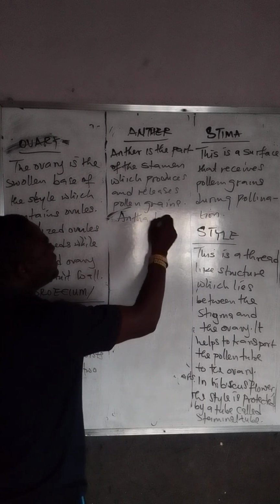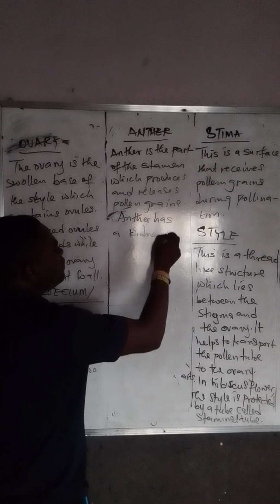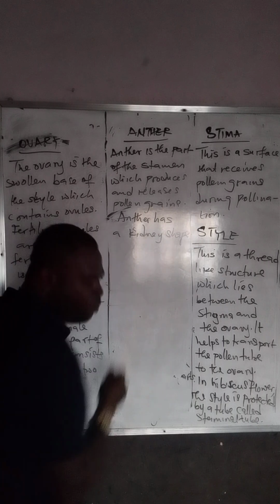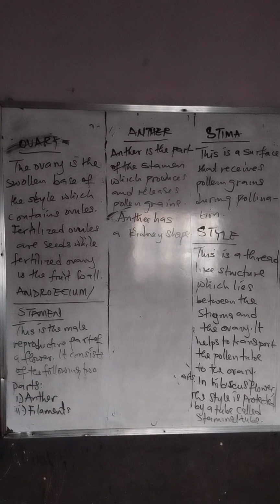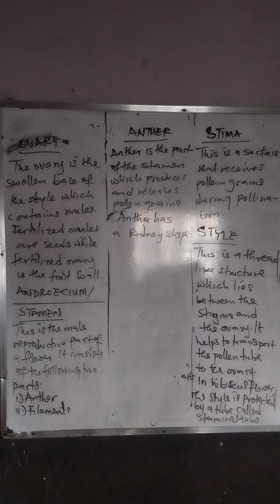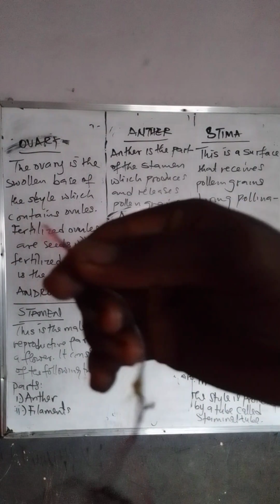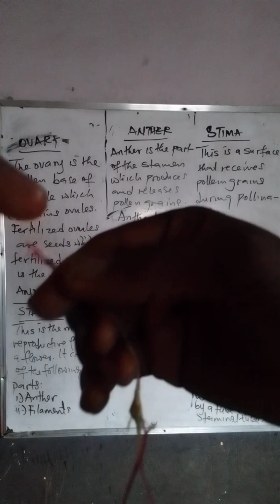Anther has a kidney shape. So if you are looking at it in hibiscus flower, all these yellow parts here, they are the anther.